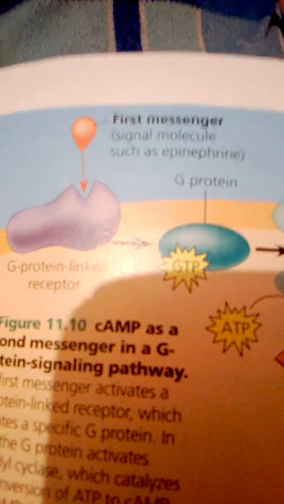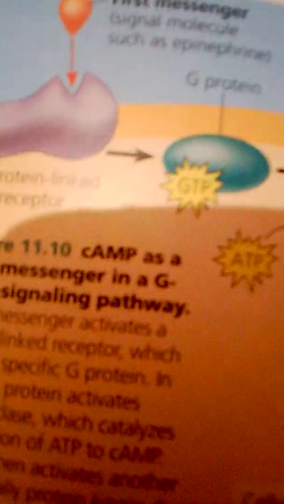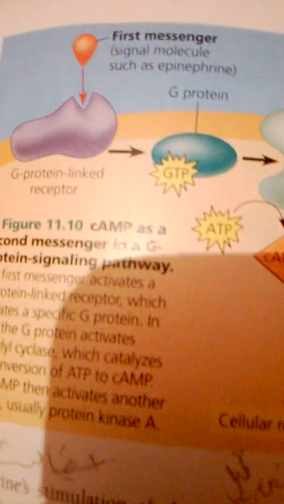The extracellular signal molecule that binds to the membrane receptor is a pathway's first messenger. Because second messengers are both small and water soluble, they can readily spread throughout the cell by diffusion.